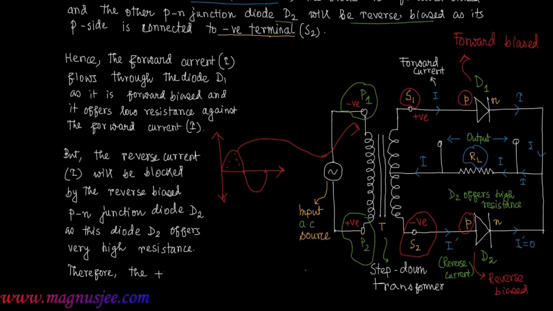The positive voltage is obtained across which element at the output? Across the load resistance RL.